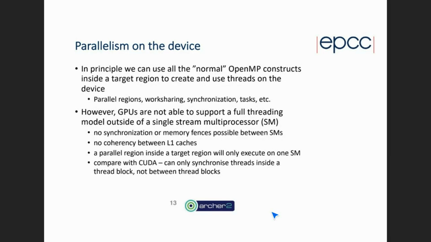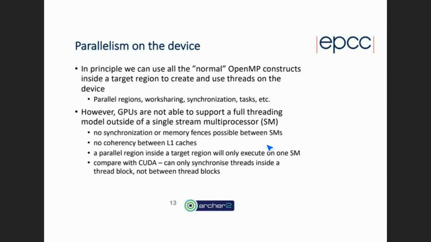GPU hardware doesn't support a full threading model outside of a single stream multiprocessor. Where GPUs are built, they have lots of these stream multiprocessors, each one of which has multiple cores running multiple threads. So you have very limited ability to synchronize between stream multiprocessors.